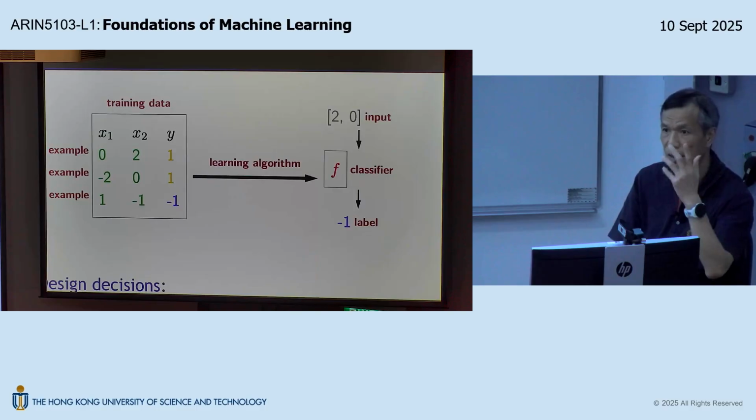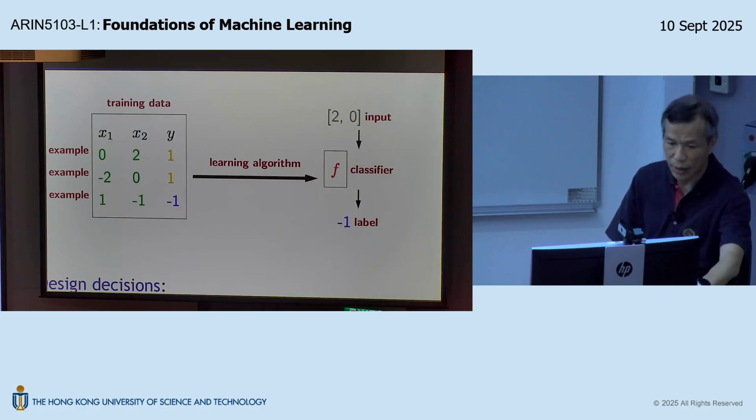In the previous case, the model is called a regressor. Anyway, classifier, regressor, but the operation is basically the same. Once you have this model, I can give you a new input, (2, 0). Note that (2, 0) is not in the training set, so this is a new sample. But still, once you have the model, you should be able to classify or make a prediction on this sample, say for example -1.